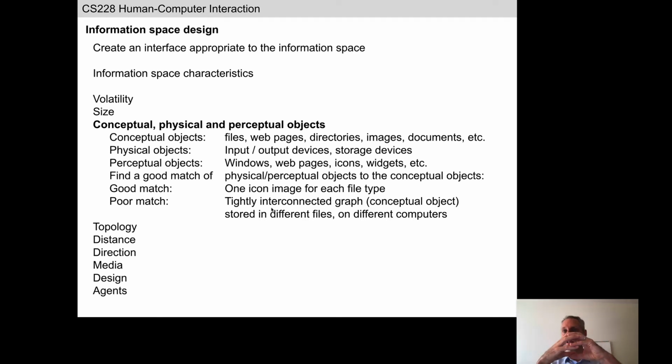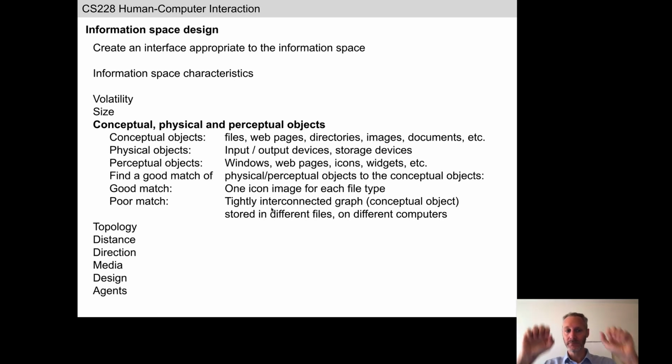But if it's densely connected and they're in different files, those two perceptual objects, those two files, are probably not good representations of that thing. Alternatively, if you're grabbing very distant parts of Wikipedia, meaning that there are few links between those two sets of pages, it makes sense to store them in different files.